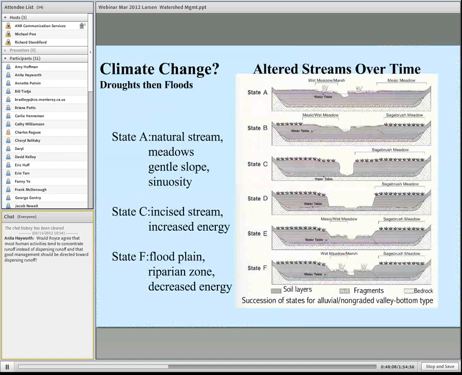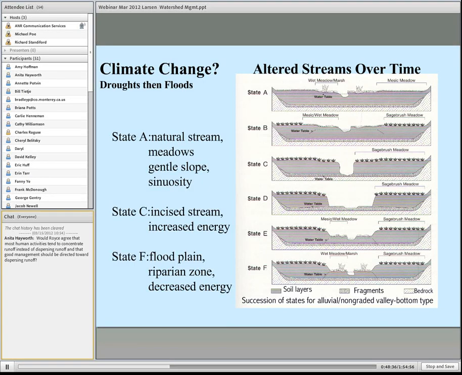Climate change. As we look at the way these streams function, if you have, like the State A there, a properly functioning stream, it has a flood zone to it, but as they begin to downcut, it traps the water, builds the energy. Those streams are going to downcut until they can't go any further. Then they start cutting the banks out until they build themselves a new floodplain to handle the energy that's in the stream.